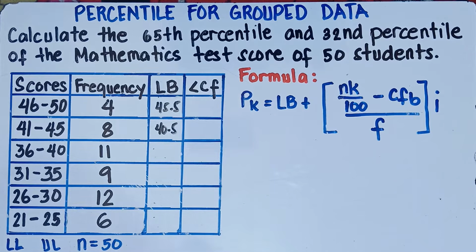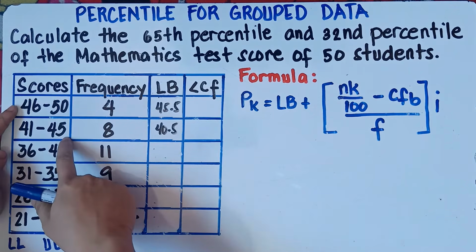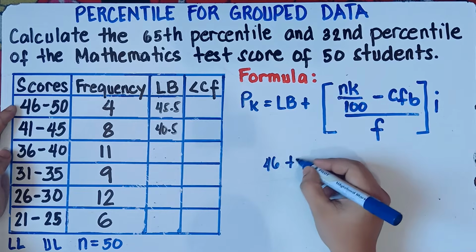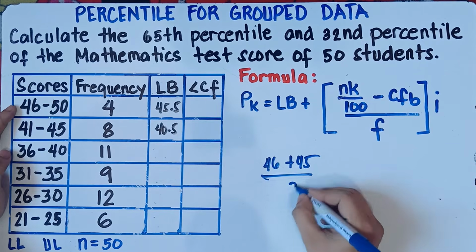But the actual formula for getting the lower boundary is the lowest score in this particular row plus the highest score of the previous row, divided by 2. So this will be 46 plus 45, then divided by 2.